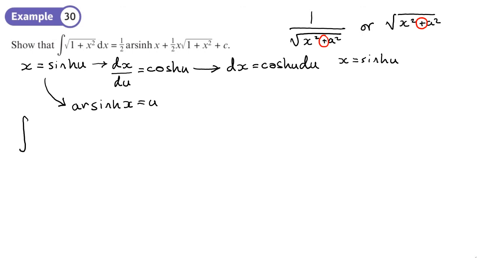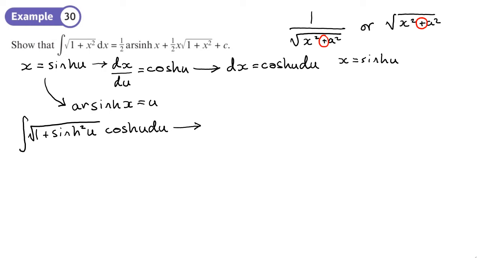So we'll end up with 1 plus x squared, or 1 plus sinh squared u. We want the square root of that. And we're going to replace our dx with cosh u du.